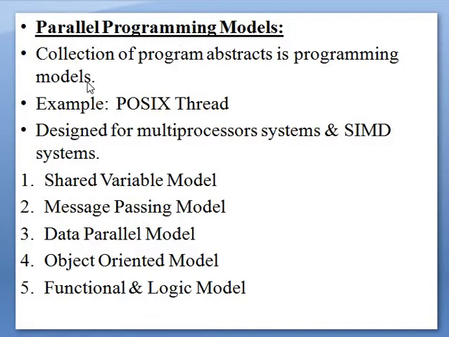Each model may be of a different type. One may be related to input output, one to data fetch, one to data store, etc. So all models should execute in parallel, and all of them we should collect from different programs and call them abstracts.